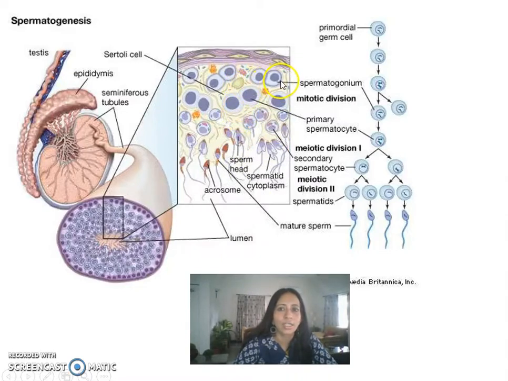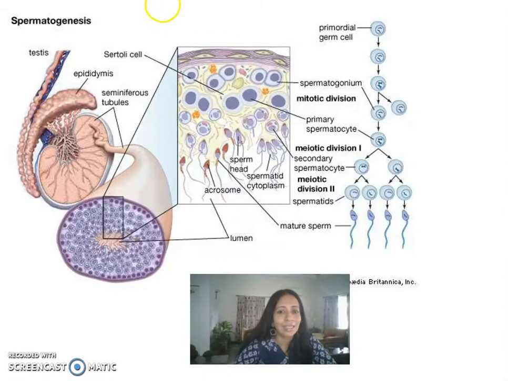As I told you, these male gamete mother cells are known as spermatogonia and they are diploid. First, these spermatogonia multiply themselves by plain mitotic division, from 1 to 2, 2 to 4, they increase their number. But before I tell you how this takes place, you should know that this process of formation of sperm takes place at puberty.